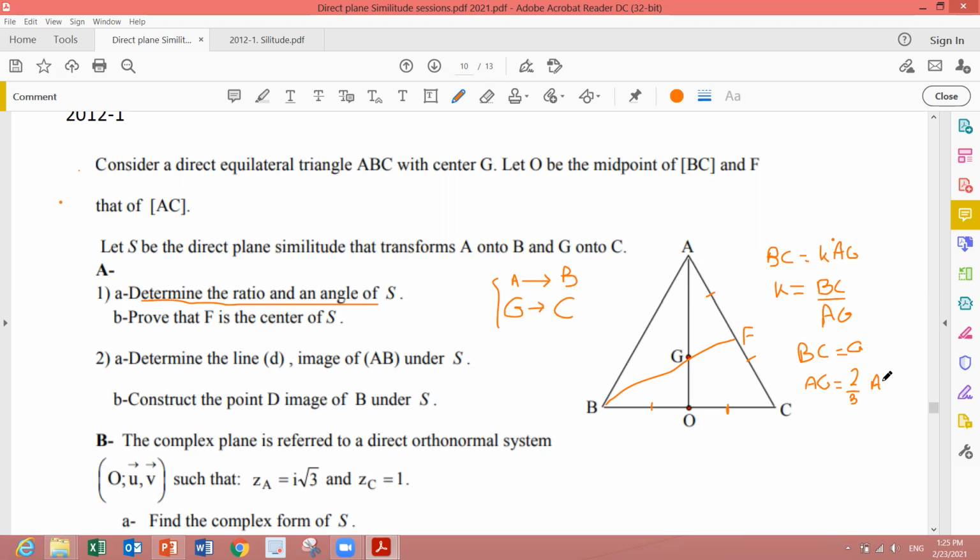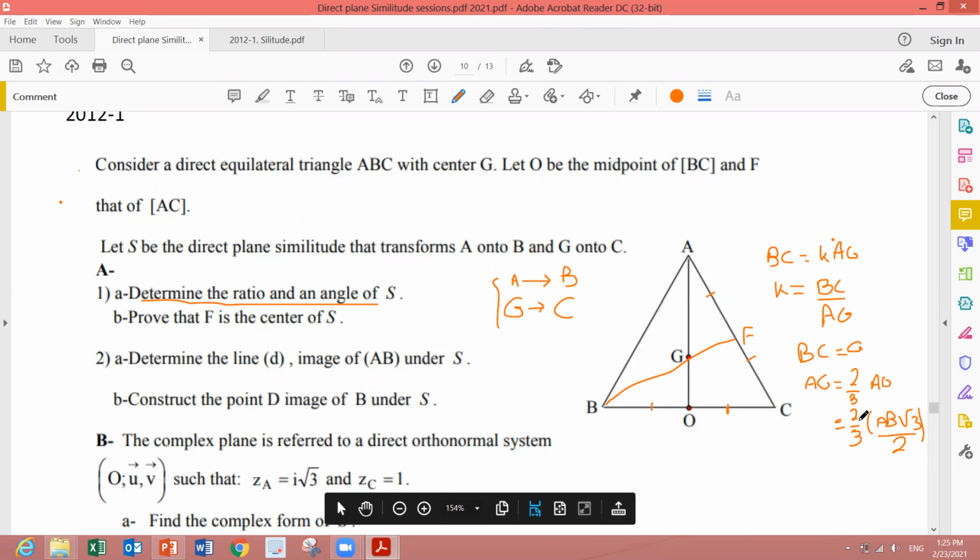How to calculate AO? Pythagoras. In the semi equilateral triangle, AO is radical 3 AB over 2, that is AB radical 3 over 2.